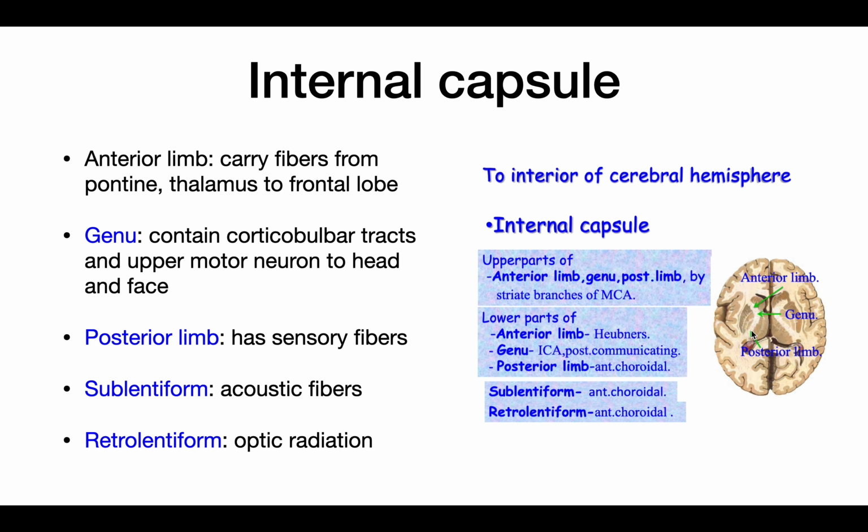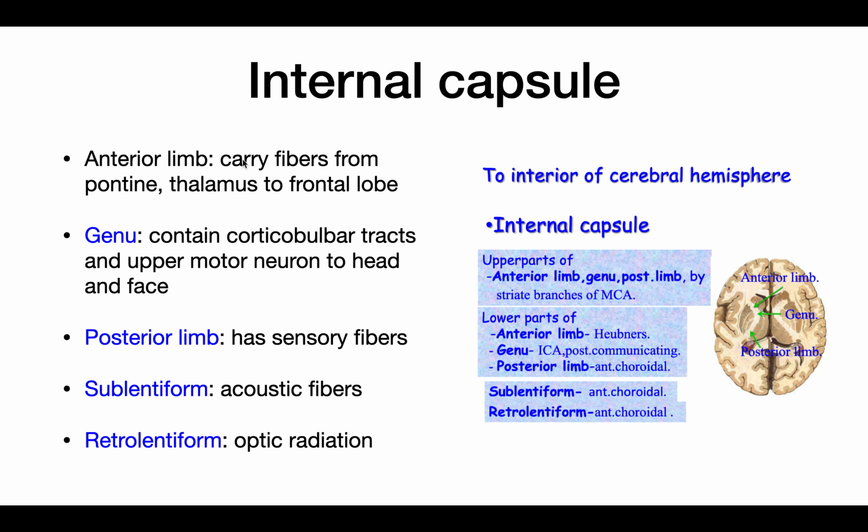The posterior limb is going to be supplied by the anterior choroidal artery, which also supplies the sublentiform and the retrolentiform area. So remember, sublentiform is going to be hearing, and then retrolentiform is going to be involved in vision.